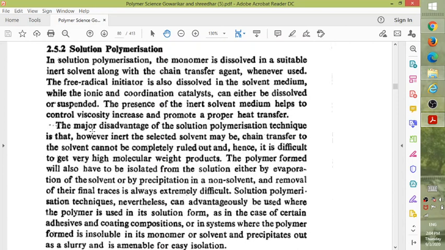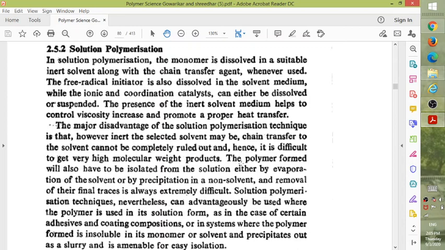But there is some disadvantage. The major disadvantage of solution polymerization technique is that however inert the selected solvent may be, chain transfer to solvent cannot be completely ruled out. Hence it is difficult to get very high molecular weight products.